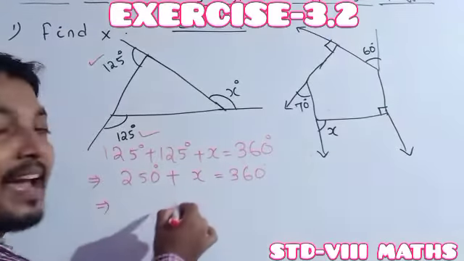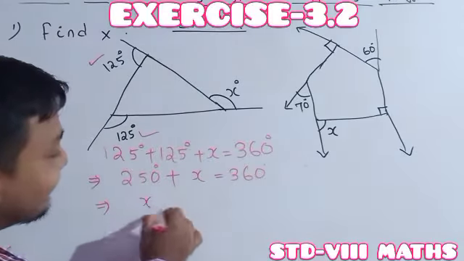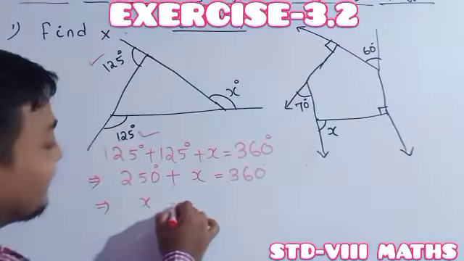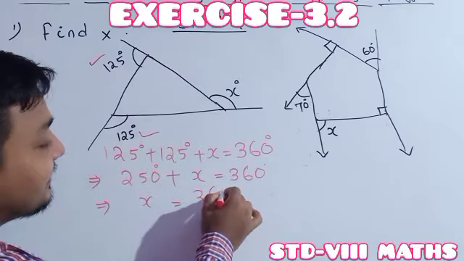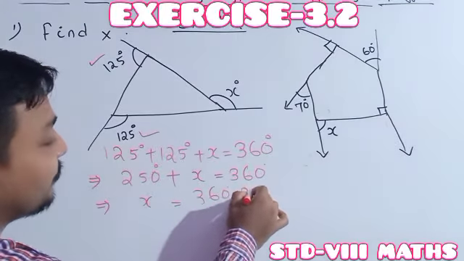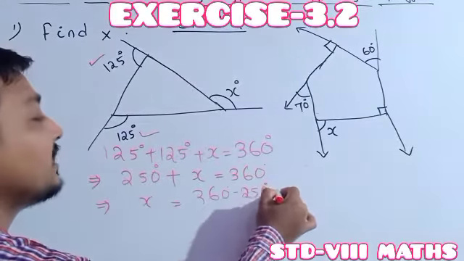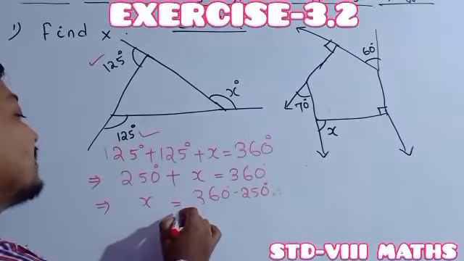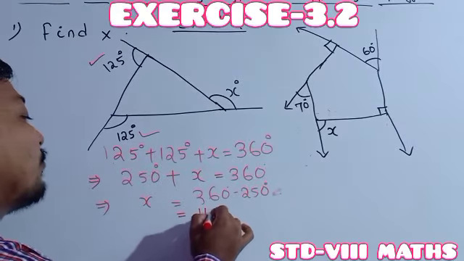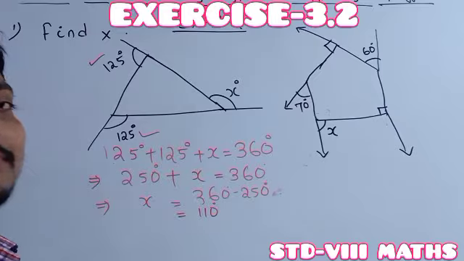By solving, x equals 360 minus 250, which becomes 110 degrees.